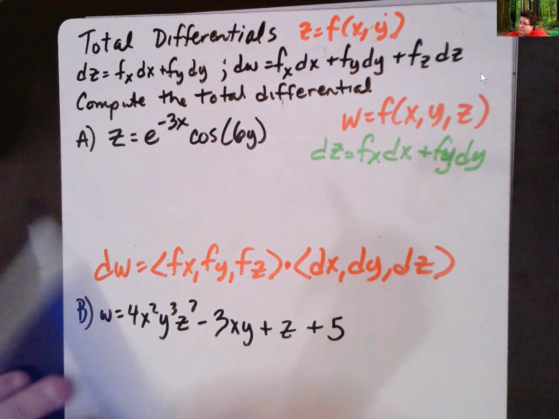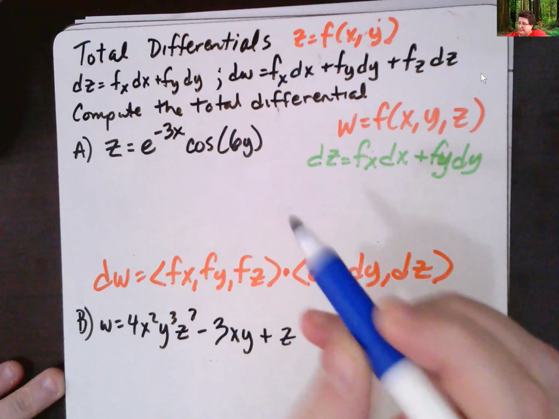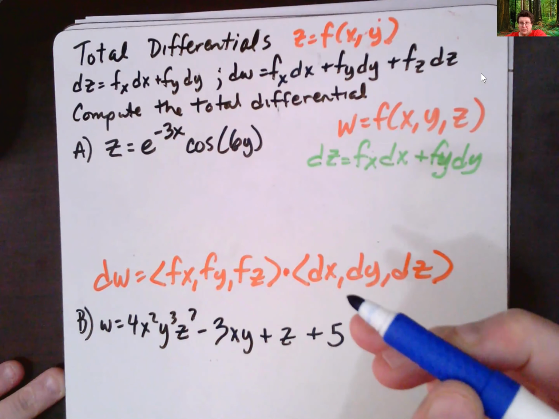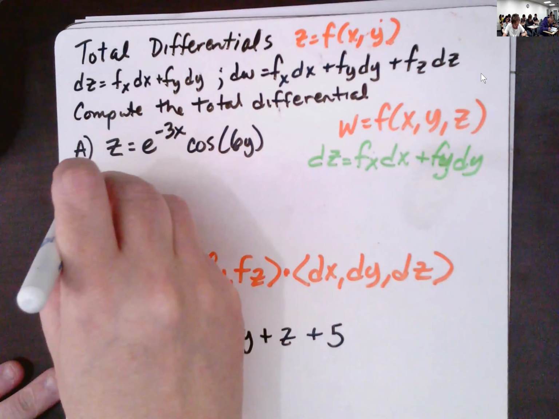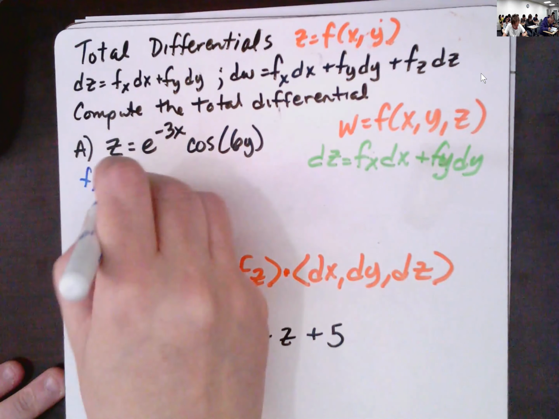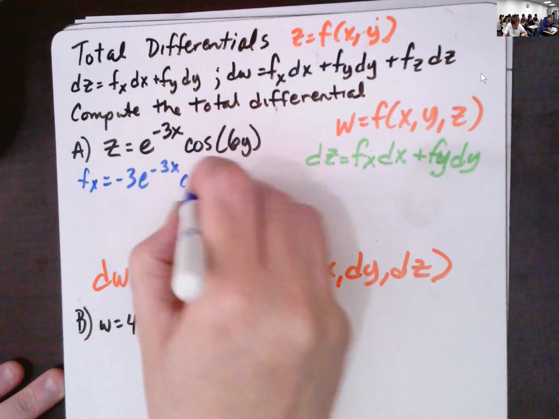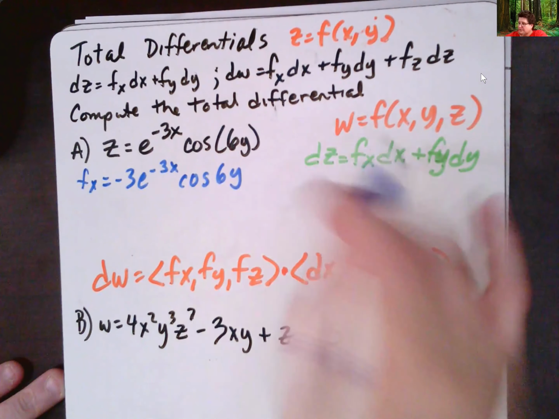So what's the partial derivative of z with respect to x here? Negative 3 of 3x cosine 6y. That looks good to me.